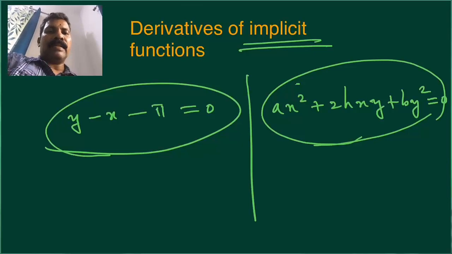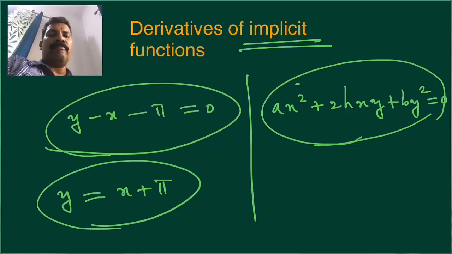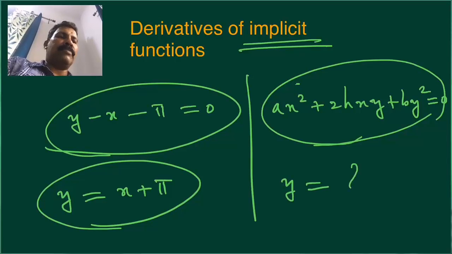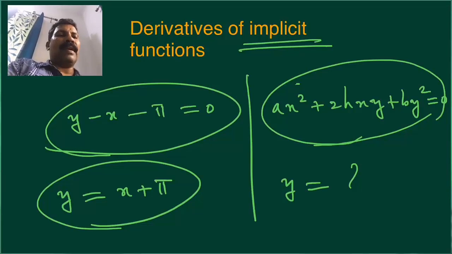But in the first case, the relationship between x and y is expressed in such a way that y can be expressed in terms of x easily. Whereas in the second case, though there is a relationship, we cannot write directly the y value in terms of x.